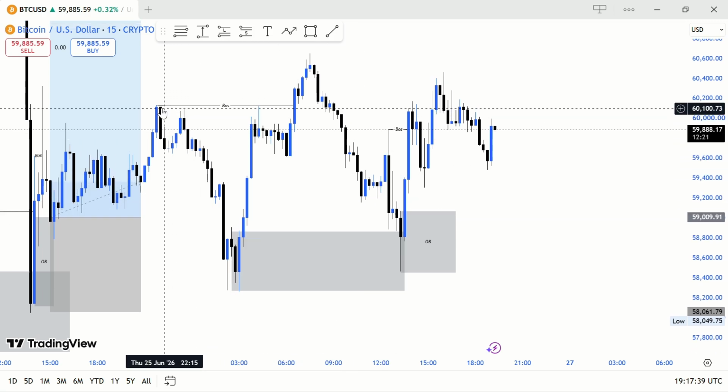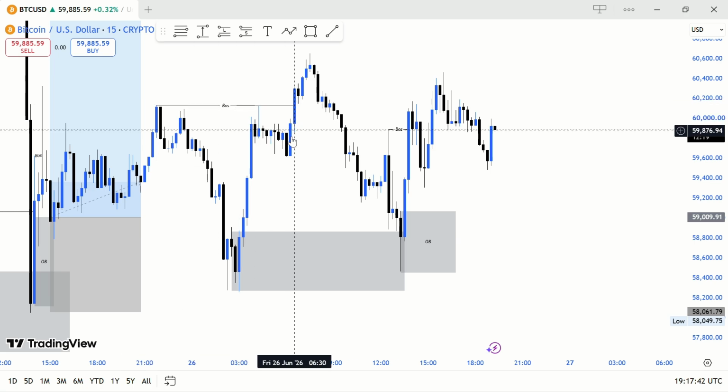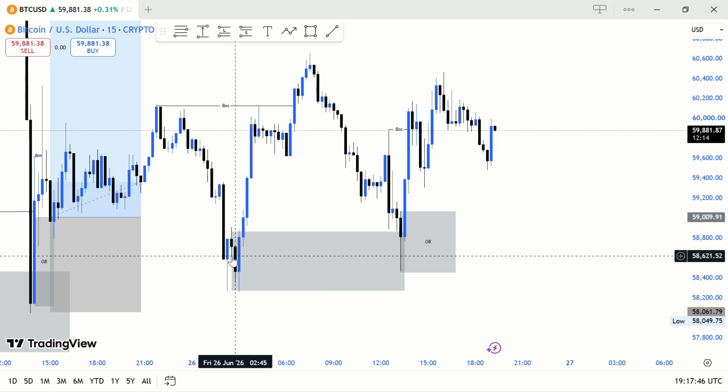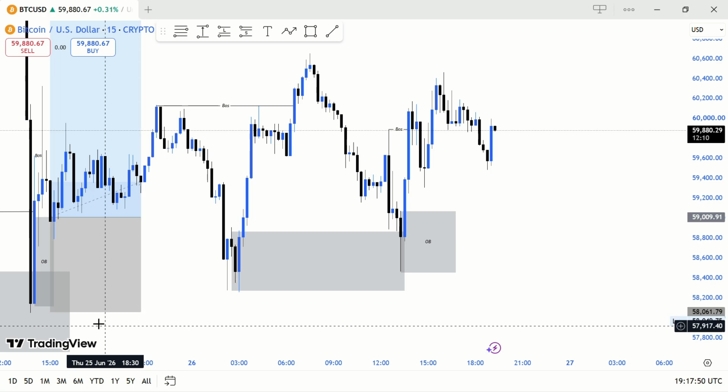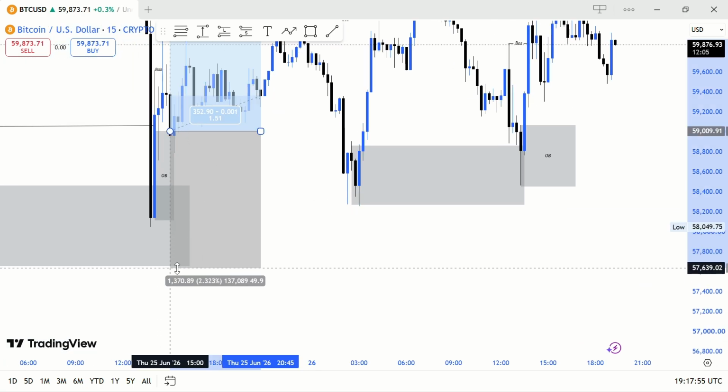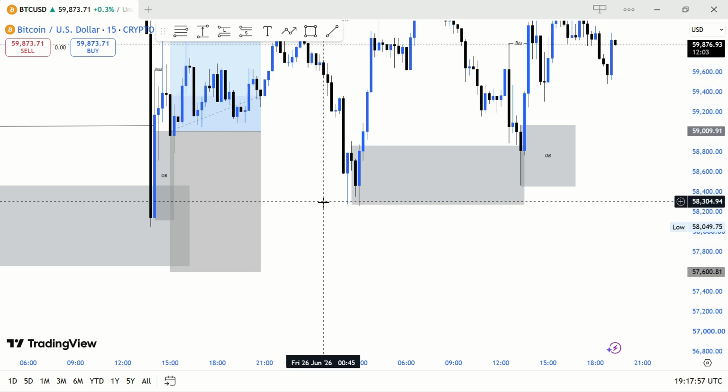We got another BOS, break of structure, to the upside after the market came down here. So where I took my buy, although it hasn't gotten to my stop loss, the stop loss was around this area.